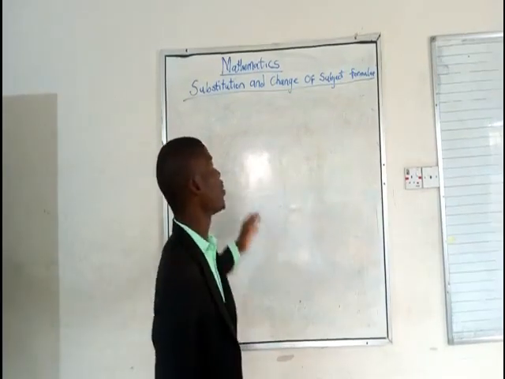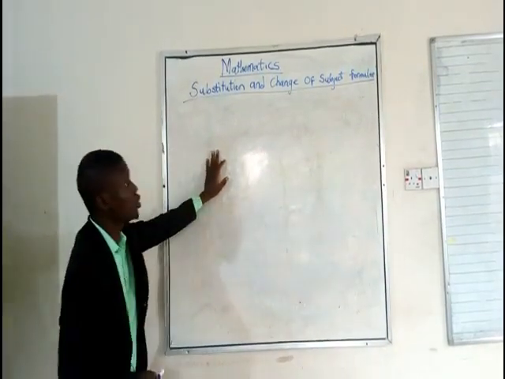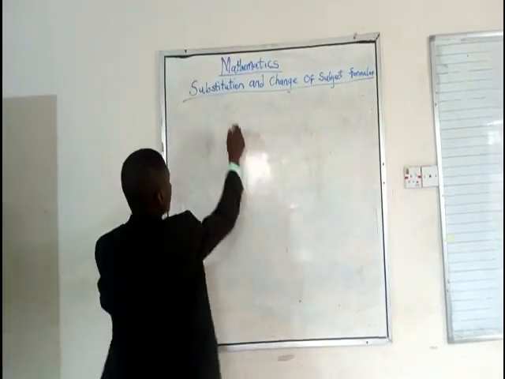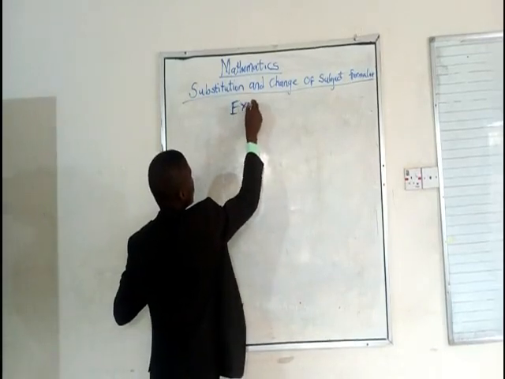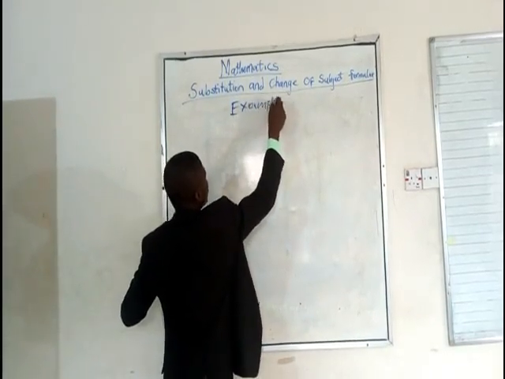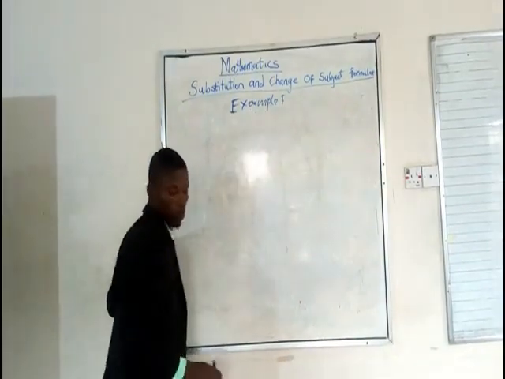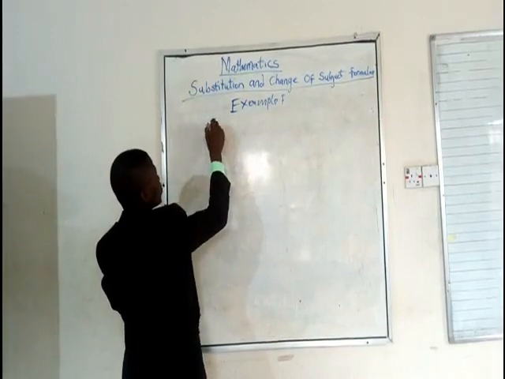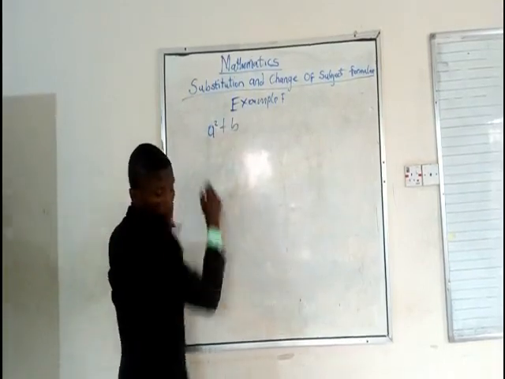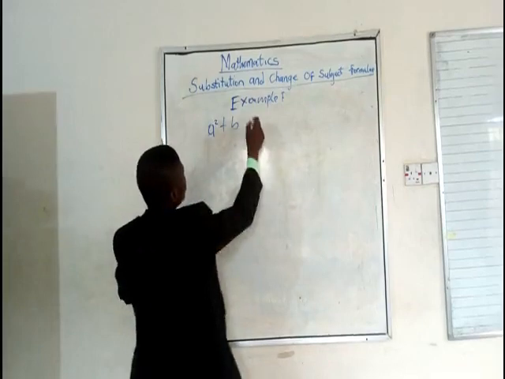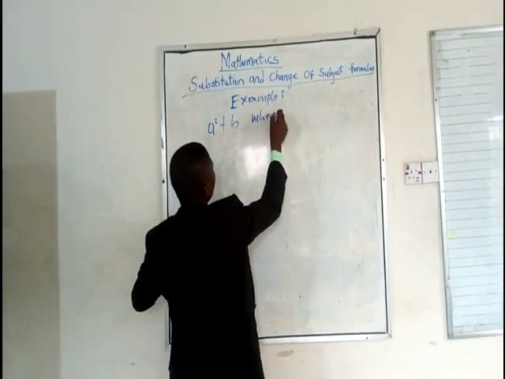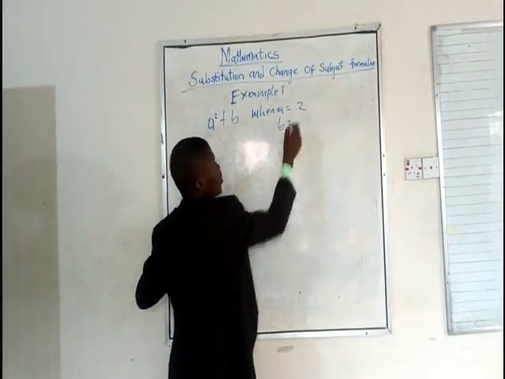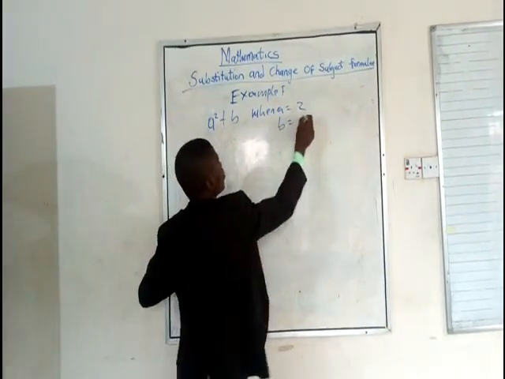So let's check examples in substitution and subject of formula. Example 1: A squared plus B, when A equals 2 and B equals 4.